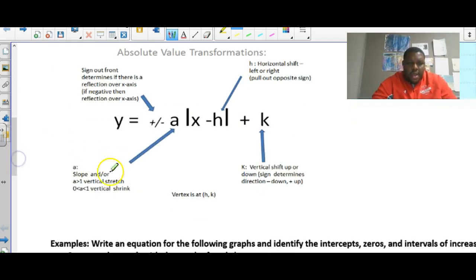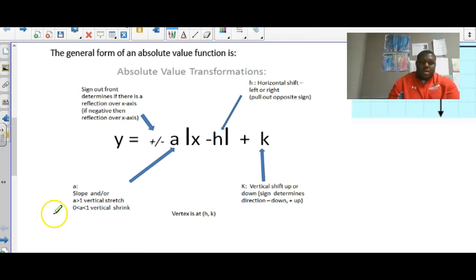Also talking about a right here. If a is greater than 1, it is a vertical stretch. If it's less than 1, meaning a fraction or decimal, but not just any fraction. If the fraction has a smaller numerator than denominator, then it's going to be a compression.